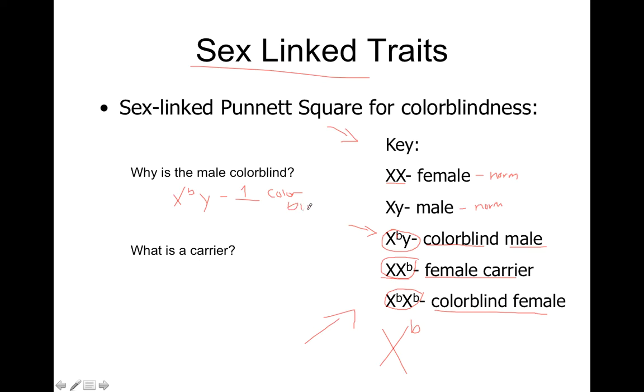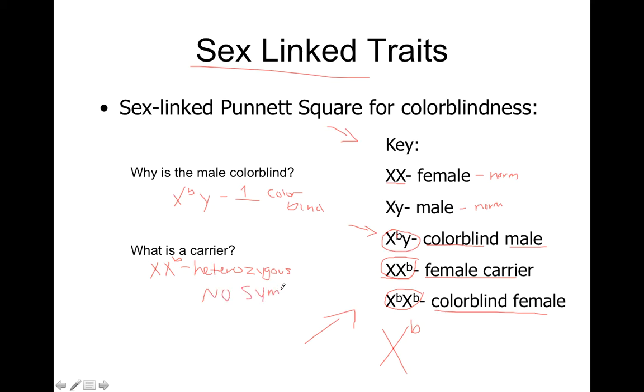The next thing that you should be able to tell me is, what is a carrier? A carrier is a female, because a female has two X's. A carrier is a female who is heterozygous. That means that she is affected on one X, but not affected on the other X. This would just cause the female to carry the trait, but she would not exhibit any symptoms of being colorblind. No symptoms.